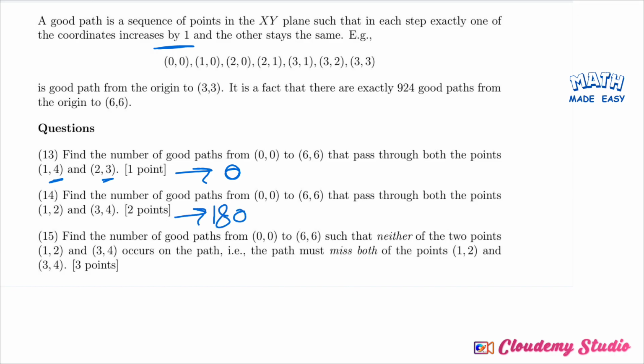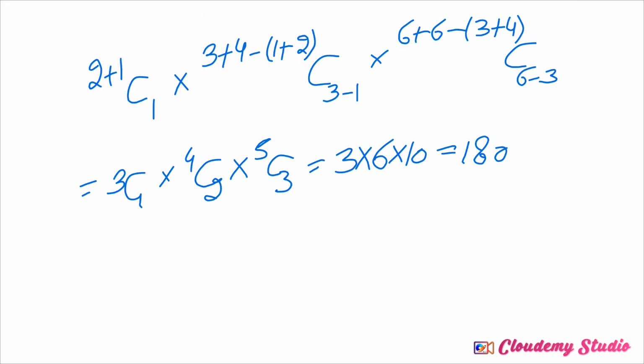Now find the number of good paths from 0 0 to 6 6 such that neither of the 2 points 1 2 and 3 4 occur on the path. The path must miss both of the points. So missing paths should be there.